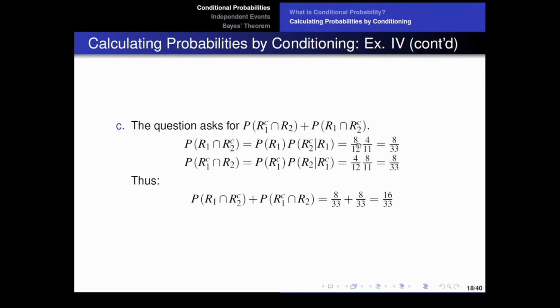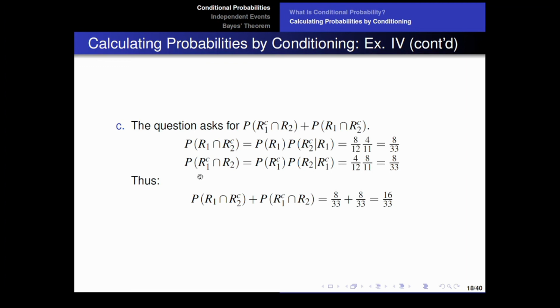We know the probability of selecting the first ball as red as 8 over 12 times, once you select a red ball, there remain 11 balls and 4 of them are still blue, because in the second part we are talking about a blue ball. Therefore, this probability will be 4 over 11, which is 8 over 33.